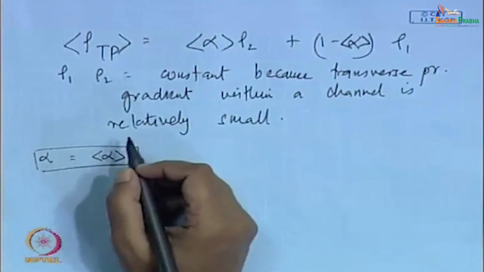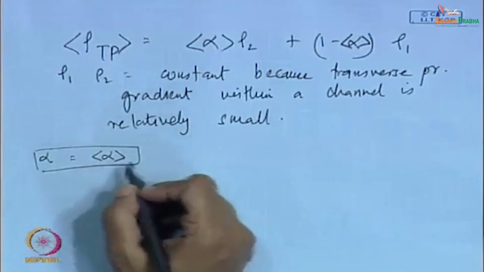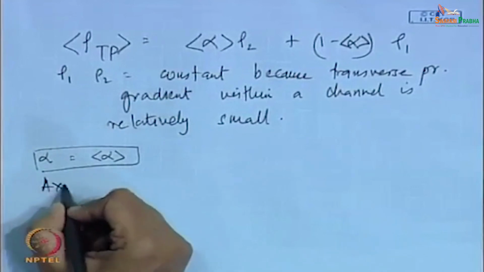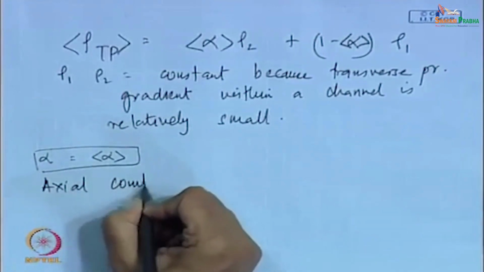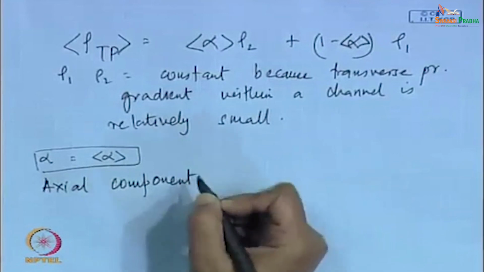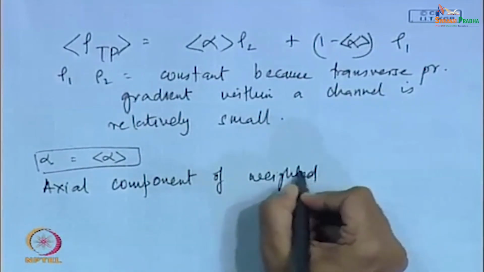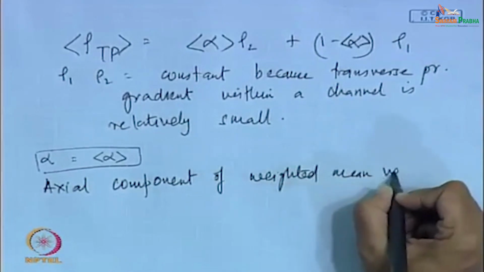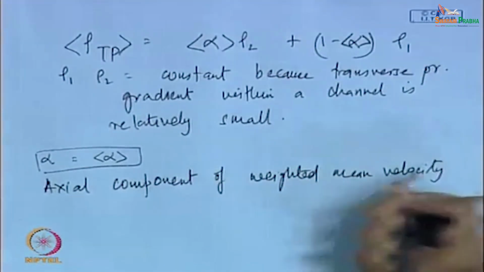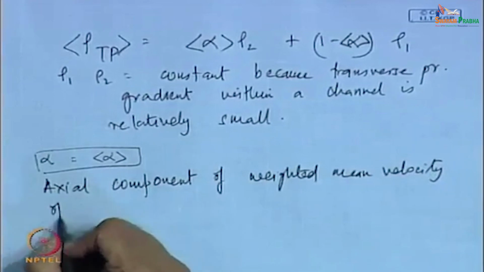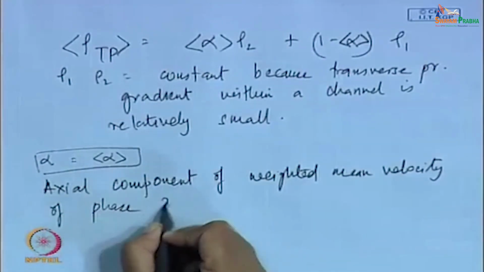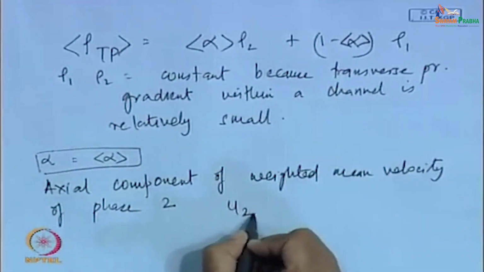In the same way, we find, say, the axial component of weighted mean velocity. Suppose the axial component of weighted mean velocity of phase 2 is going to be U2 bar.